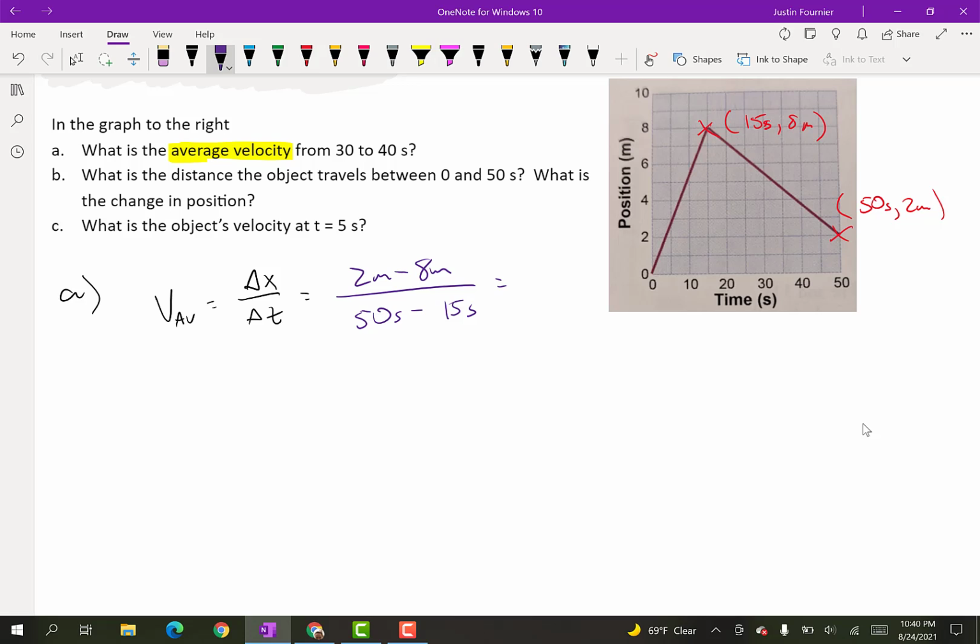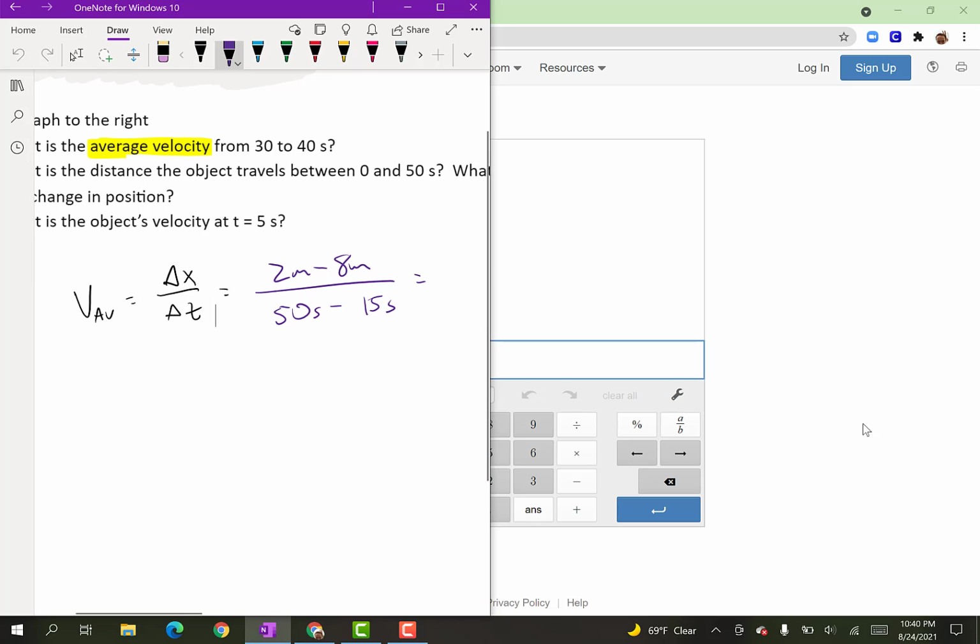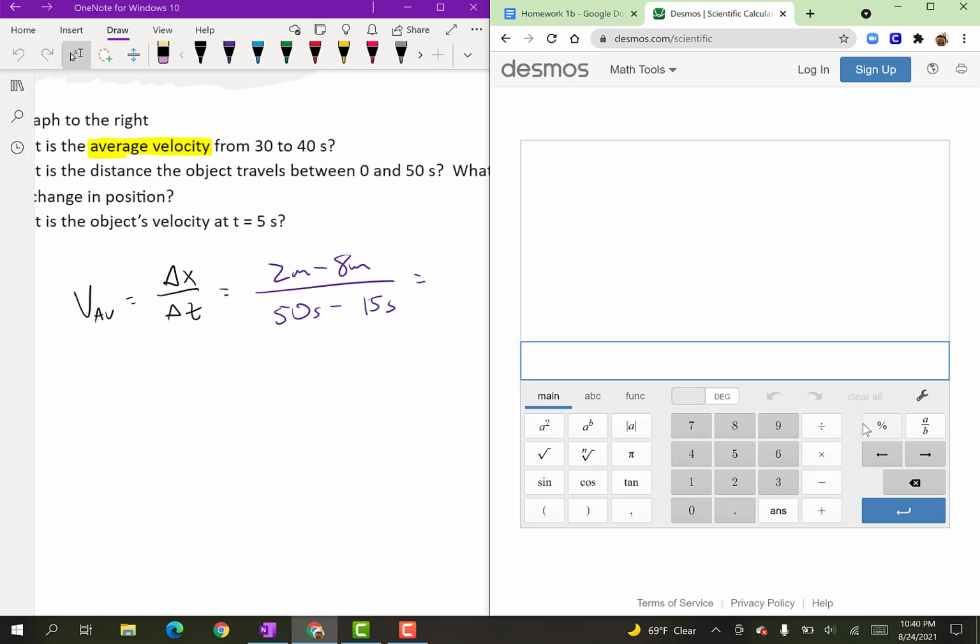So 2 minus 8 divided by 50 minus 15. I can calculate that on my calculator here. It's going to be 2 minus 8, and that answer divided by 50 minus 15.